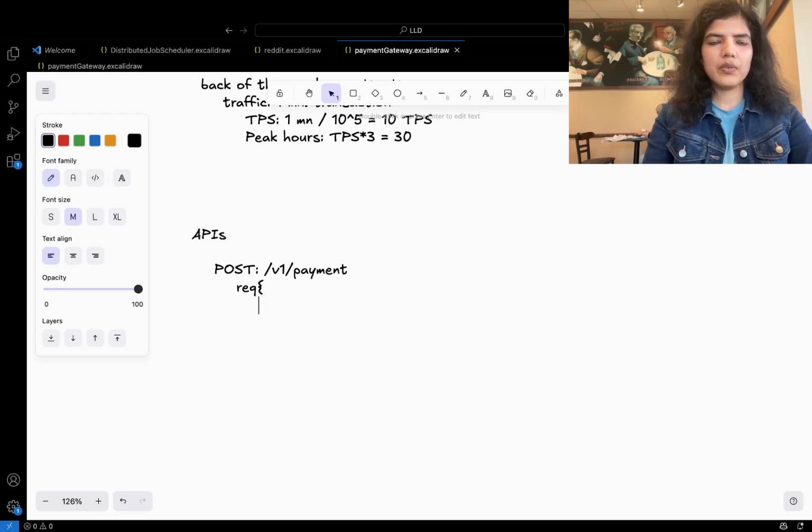What all request do we want to send? One thing would be customer ID for sure. Once we have the customer ID, we would also want to send the order ID. We would want to send the amount. What would be the currency? Since we are going to support multi-currency, we have to indicate what should be the currency of the system.